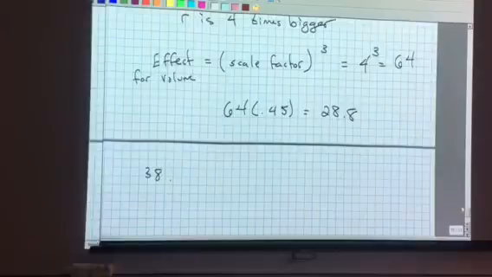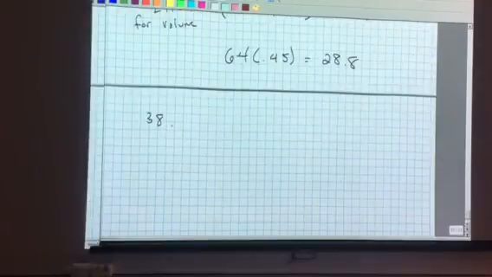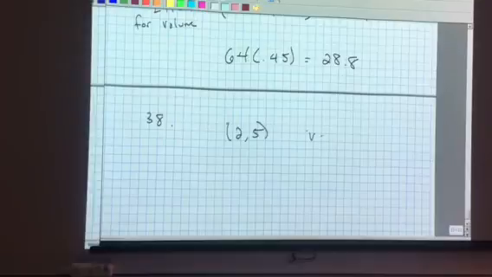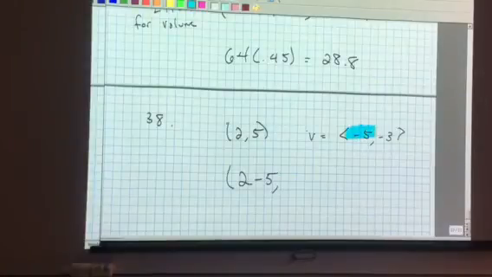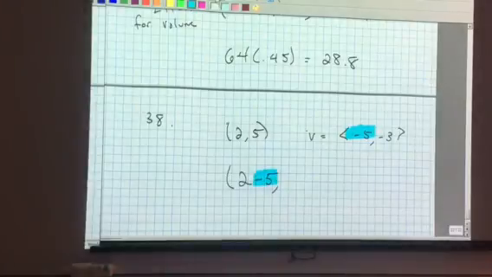38, the point (2, 5) is translated along the vector (-5, -3). So that means your 2 is your x starting value, and they want you to go -5 in the x direction. So we're going to subtract that from our 2. This number is simply this number that we add to the original point's coordinates.